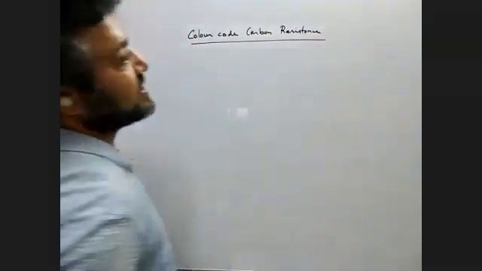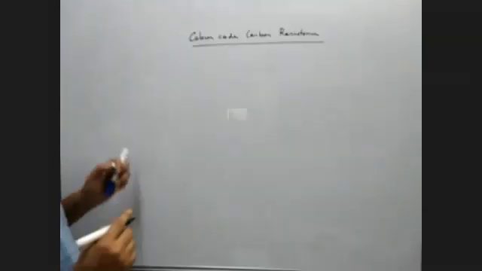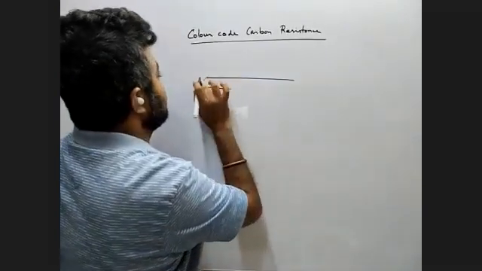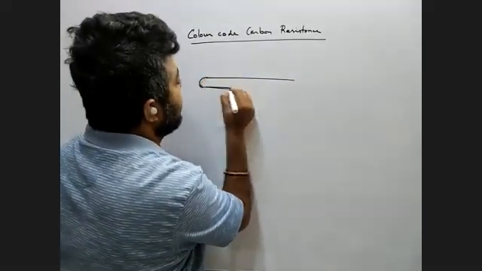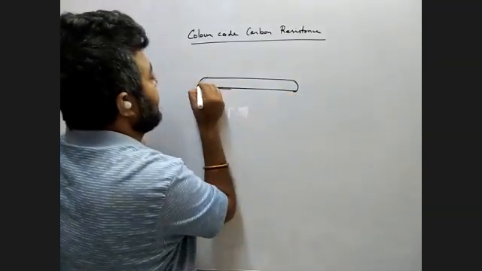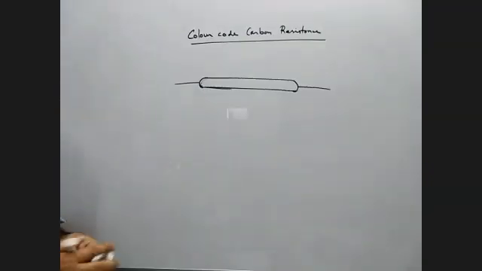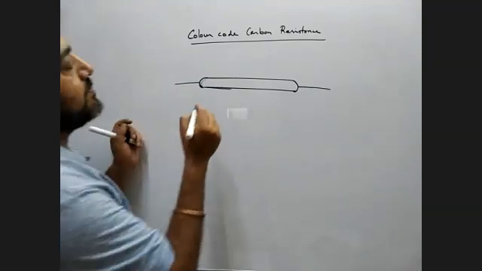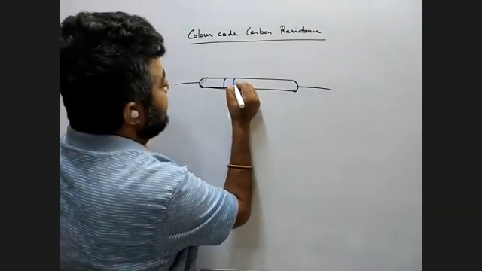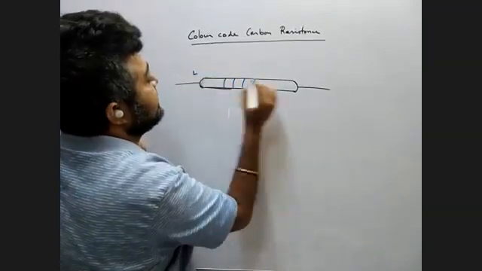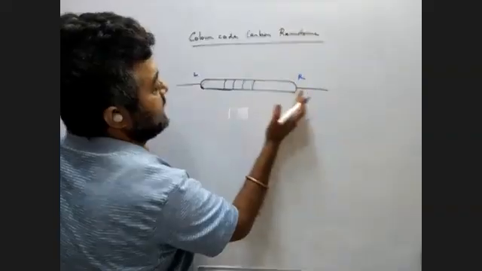In this color code carbon resistance, you have a carbon resistor like this. In this carbon resistor, you have 4 color bands: band 1, band 2, band 3, band 4. We always read from left to right.